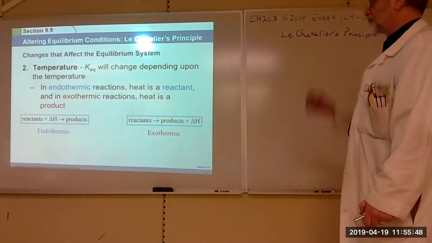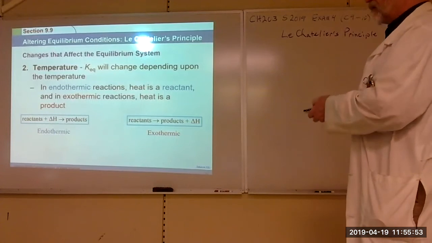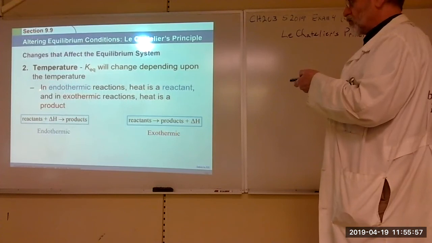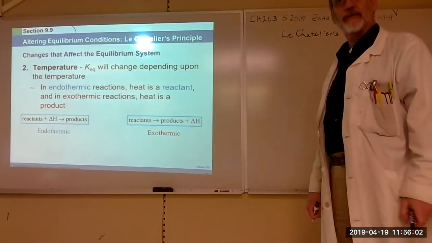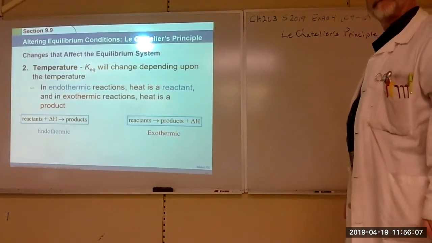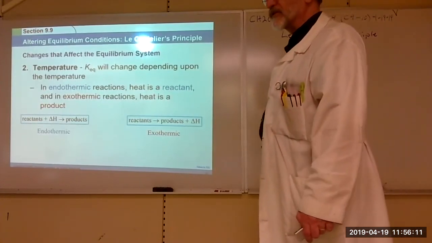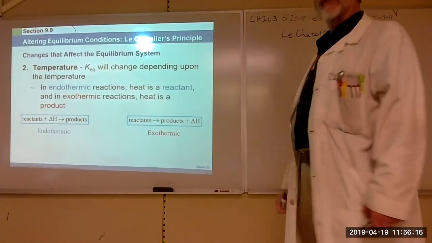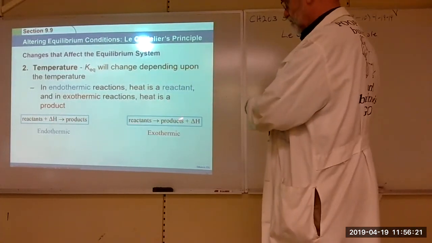Well, here we go. All right, so this is a summary of the effect of temperature. In order to draw conclusions about temperature, you need to know if the reaction is exothermic or endothermic. If it doesn't tell you, then there's no way to tell. You have to make some serious assumptions before you can determine whether a reaction is going to go to the right or to the left.